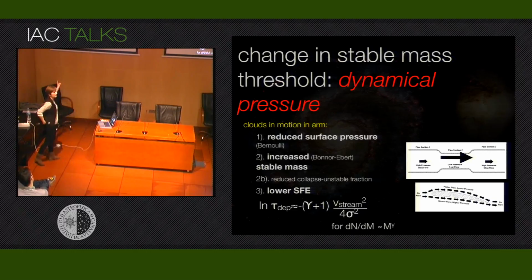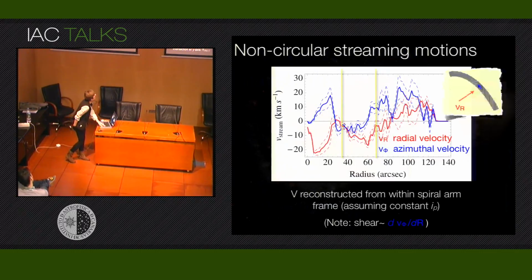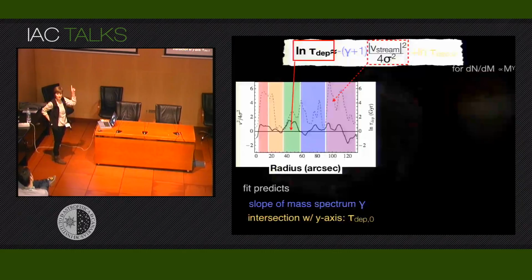So let me show you with an expression what that looks like. This is just an energy balance between gas in the interarm and in the arm. And what I get is that there's this nice relation between the natural log of the gas depletion time and the streaming motion squared, right? So let me just skip that for now and show you what this looks like graphically.